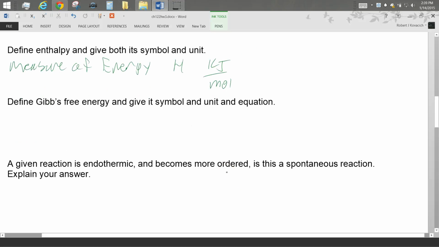And Gibbs free energy. What's the definition for it? Tells you whether a reaction will be spontaneous or non-spontaneous. I have no idea how to spell spontaneity.